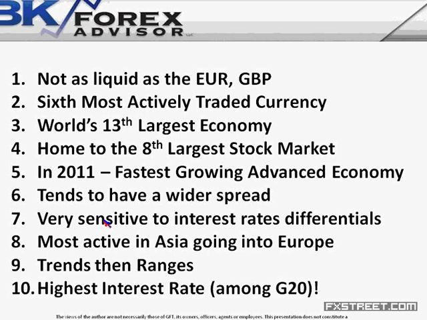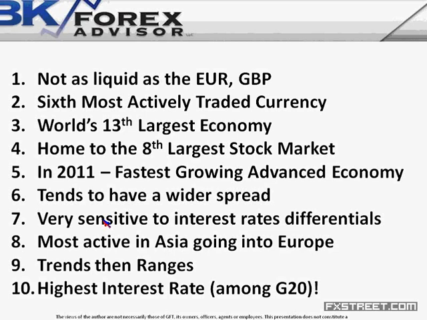The Australian dollar currency pair, as number 6 said, tends to have a wider spread than the euro dollar and pound dollar. So because it has a wider spread, it can be looked at as a slightly riskier currency to trade. And because it's a riskier currency to trade, on days when we have a so-called risk-on move, when stocks are rising strongly and the investors are optimistic, that tends to be very positive for the Australian dollar.